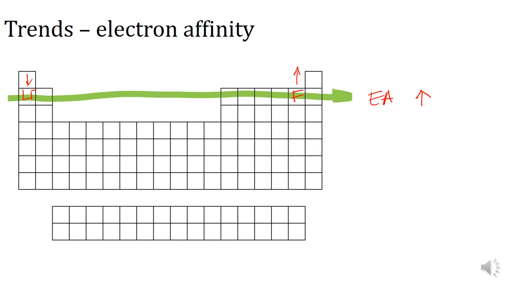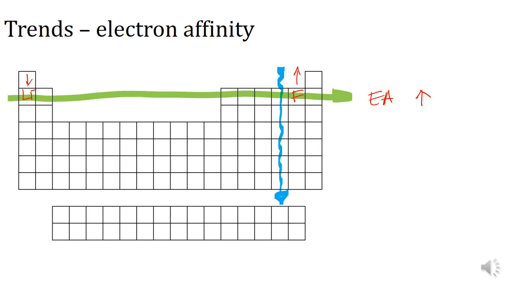Hopefully you're starting to see some patterns in how the logic goes as we move down groups. The further away that outer shell is, the less pulling power the nucleus has, which makes it harder for the nucleus to attract an electron into that outer shell. Think about how hard it is to pick something up when it's close into your body compared to when it's up the top of a very high shelf.